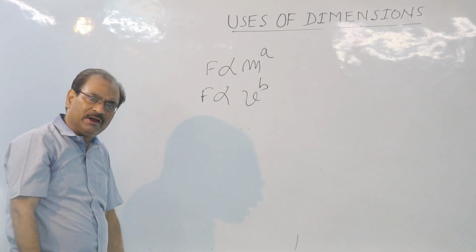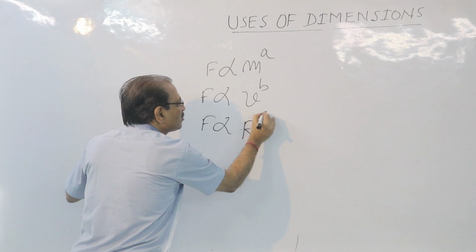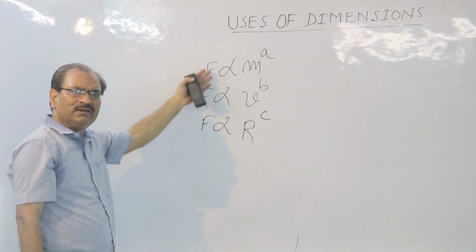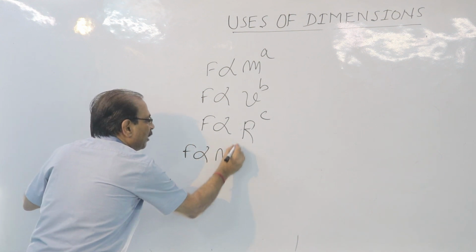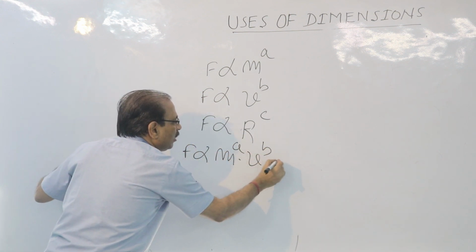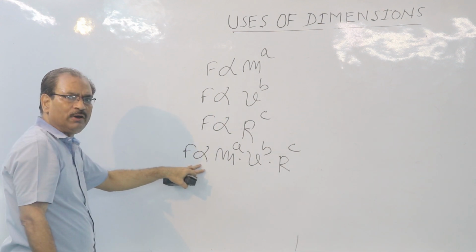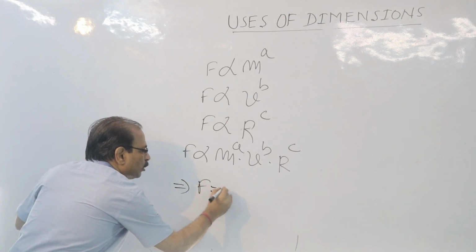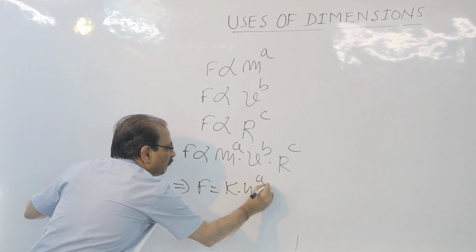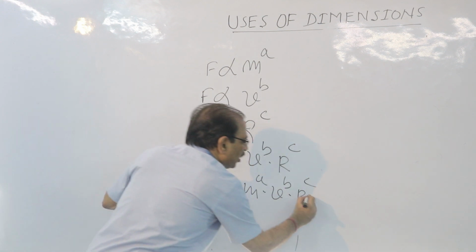It depends upon the radius of the circular path, so R power c. If you combine the three steps, you can write F proportional to m power a, v power b and R power c. This can be replaced by the sign of equality by putting a constant. So it could be F is equal to some constant k, m power a, v power b and R power c. This is equation number 1.